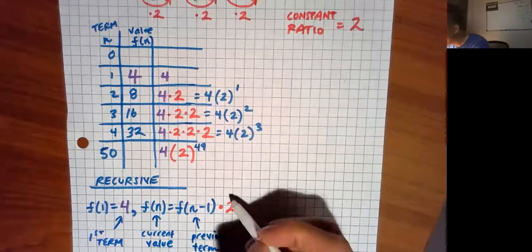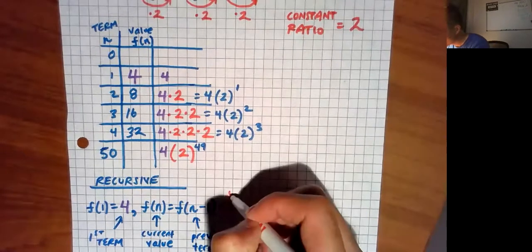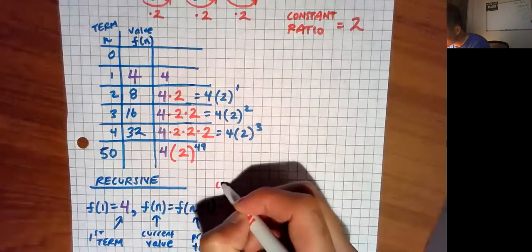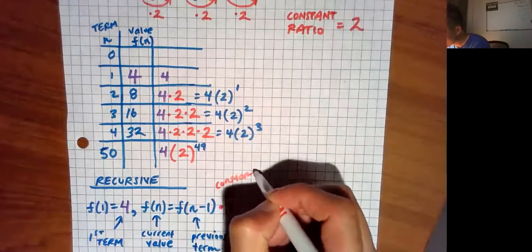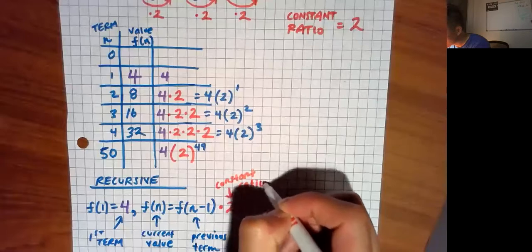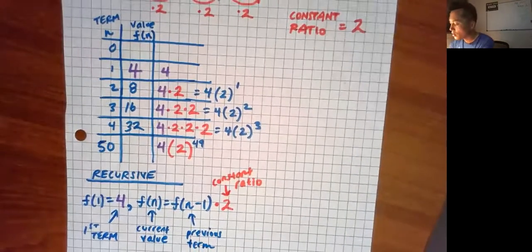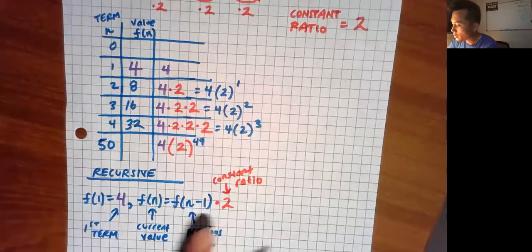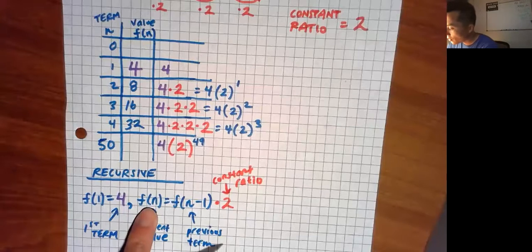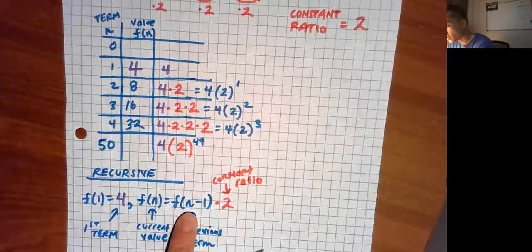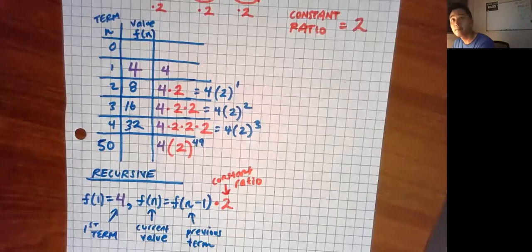And 2, that's the constant ratio. In words, what this recursive function is saying is the first term is 4, and then each term value is equal to whatever the value of the previous term was, but times 2. That's how we get to the next term.